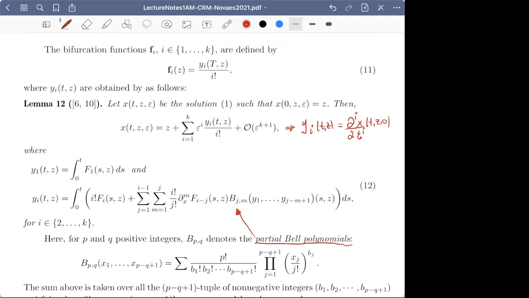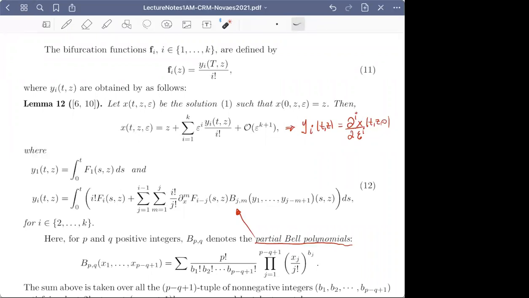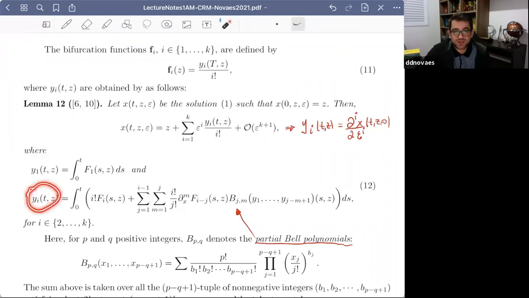But of course, you can only write explicit expressions in very special perturbations, and you pass very, very fast to this part. No? Maybe in the examples we will see. Yes. I comment that it's easy to have the formulae for the Y's formally, but it may be very hard to compute them if you have explicitly the difference equation that you're working with. It's usually very hard, but I agree with you.